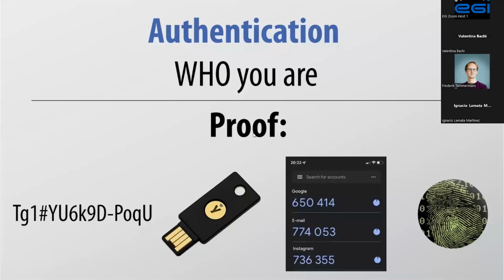We need to consider that even though authentication is a process to verify who you are, in the digital world it normally doesn't work like this. Basically what you consider is that the person claiming to be someone has one of these proofs. So if I steal the password of Bill Gates and I use it, I am proving that I'm Bill Gates in the digital world.